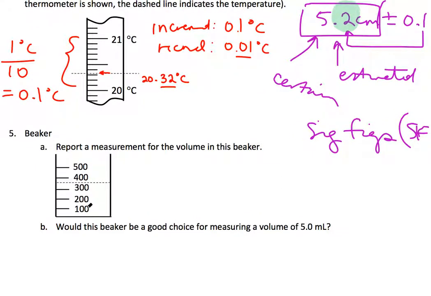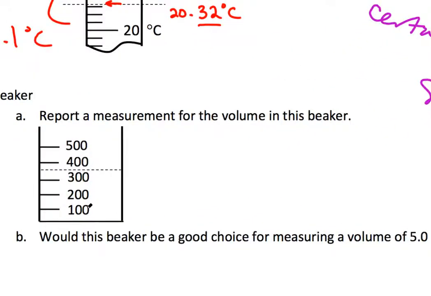Report the measurement for the volume in this beaker. Go ahead and give it a try. So we know for certain that it's definitely above 300 but below 400. The marking shows certainty to the 300s place, but the next digit is uncertain, so I can only estimate that one digit.